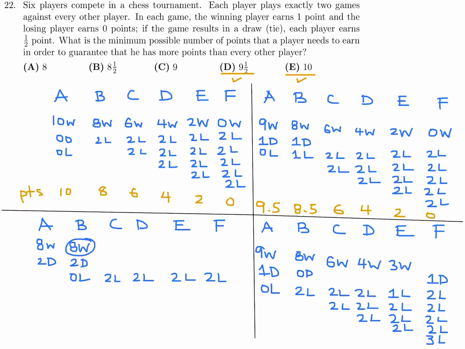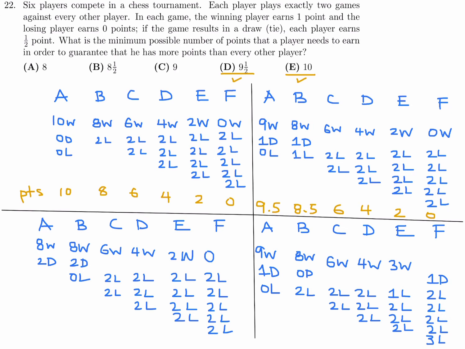Now these 8 wins, we have to account for those via losses. So we put 2L, 2L, 2L, 2L like that. Here's 4 losses, 6 wins that means, so account for those with the other players. Here 6 losses, that means 4 wins, account for those. Here E, 8 losses, 2 wins, account for those, and this is 0 wins.